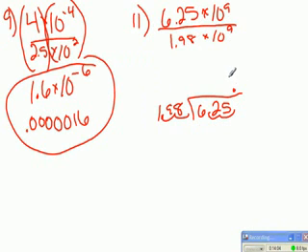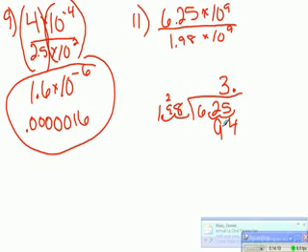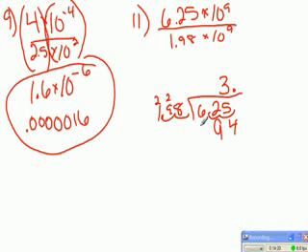198 is about 200. Into 625 should go 3 times. 8 times 3 is 24. 9 times 3 is 27, plus 2 is 29. 3 times 1 is 3, plus 2 is 5. Subtract. 31.